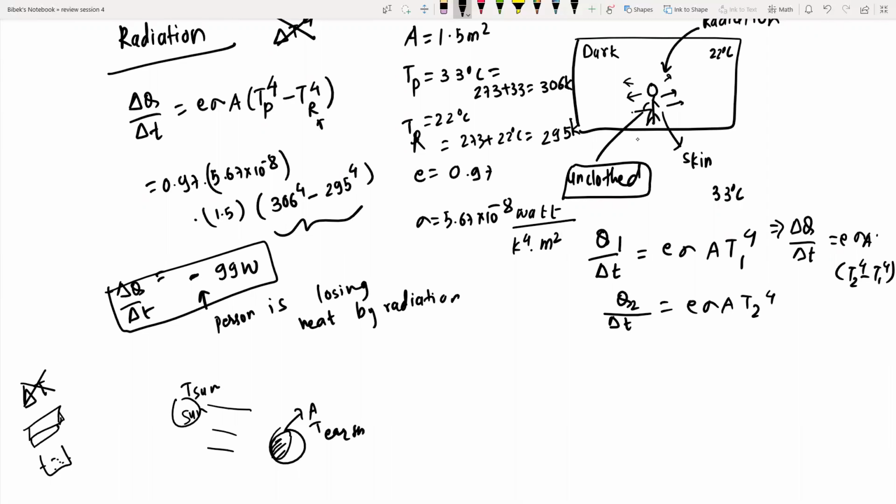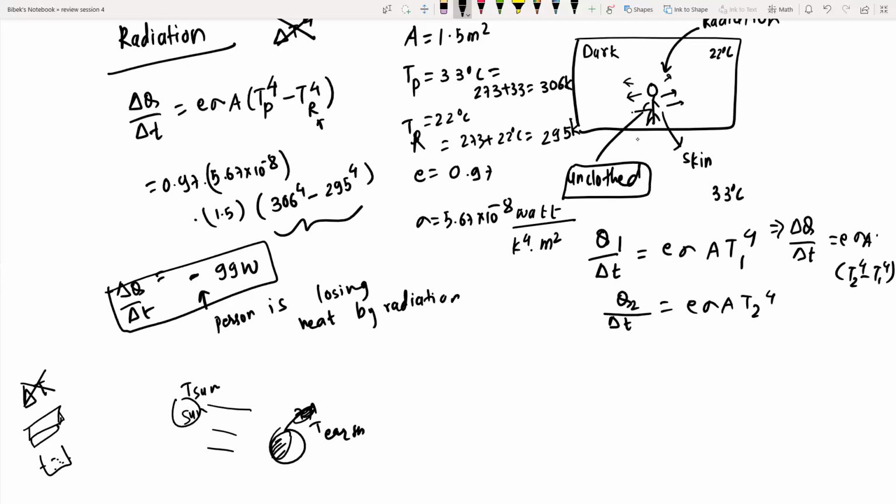Okay, and could they maybe ask a question about how much heat is being gained by the room through radiation, and then in that instance we would use the area of the room? Is that correct? So yeah, maybe I said that in the wrong sense. I think the area has to be the part of the body which is emitting the heat.